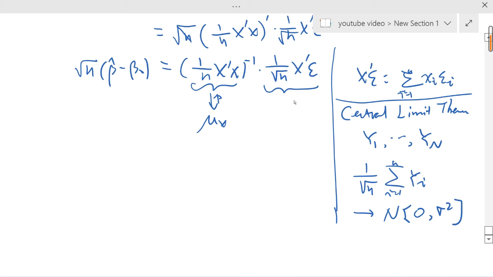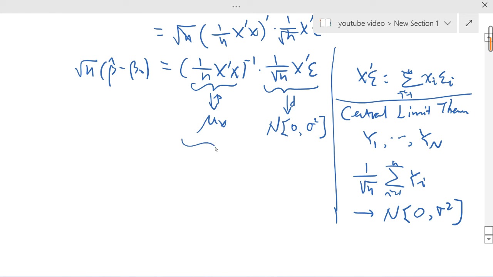So we apply the central limit theorem to 1 over root n X prime epsilon. We know that it converges in distribution to a normal random variable with variance, let's call this sigma squared.